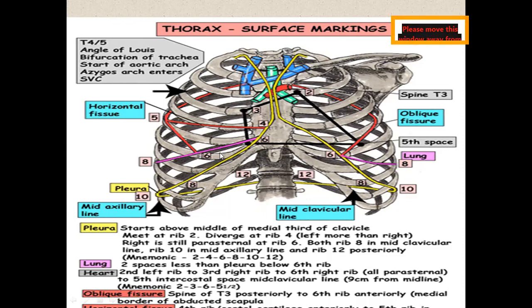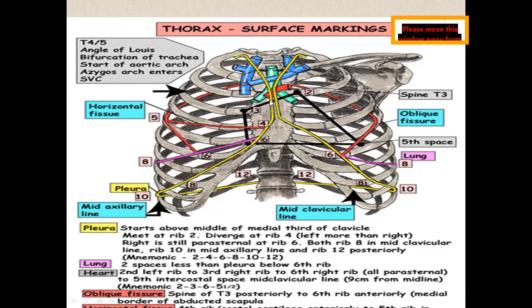Pleural reflection. So the pleura starts above the middle of the medial third of the clavicle. That means this is the clavicle bone, so from here you start. Correspondingly here we are starting. It meets at the second rib. This is the first rib and this is the second rib. It comes like this and meets the second rib, and diverges at the fourth rib.